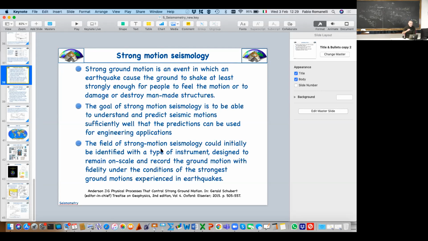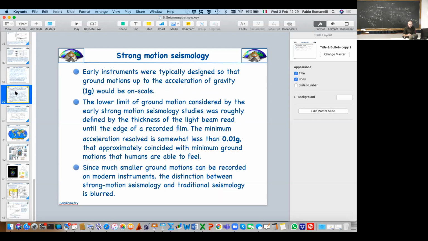At the beginning of the definition of strong motion seismology, we had in mind the classical instruments. So the idea was to consider signals that could go to 1 G of acceleration, not going out of scale. But nowadays, the sensors have such a large dynamic range that we can also record tiny movements.